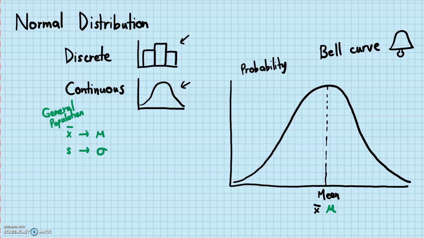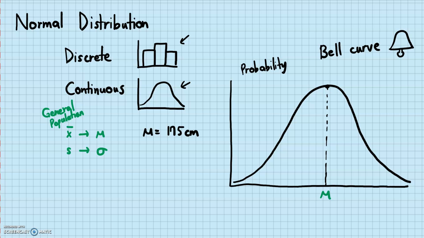So the mean is right in the middle. And that makes sense. So for example, let's consider the height of the male population. And let's say that the mean was 175 centimeters.